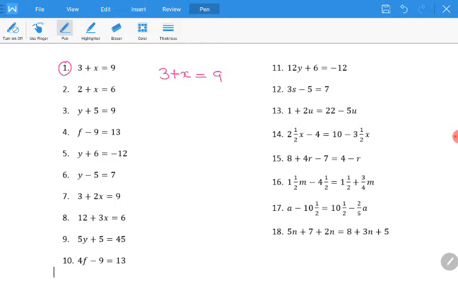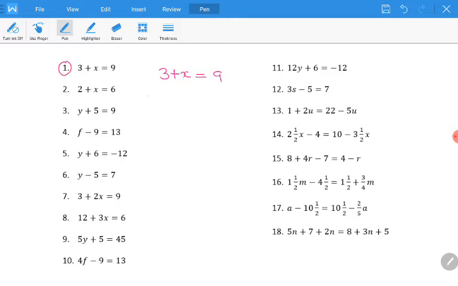Here it's up to you. To have x on the left hand side segregated, we put negative 3 on both sides of the equation.